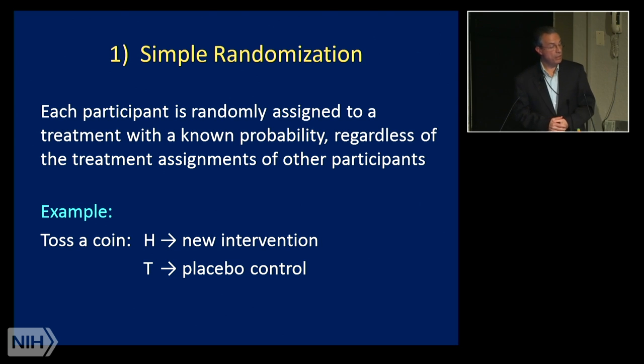If it is tails, you send them to the placebo control. That's a simple randomization. Okay? Just want to make it very clear: nobody tosses coins anymore. Computers do it. But for illustration purposes, we're going to talk about tossing a coin, but we don't do that.